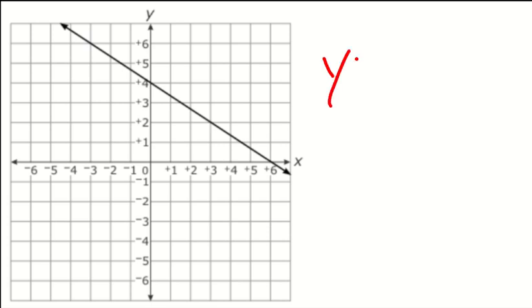So we have y equals something x. My y-intercept is positive, right? Zyrion, what kind of slope I got here? Yeah, so we should have a negative slope, right?